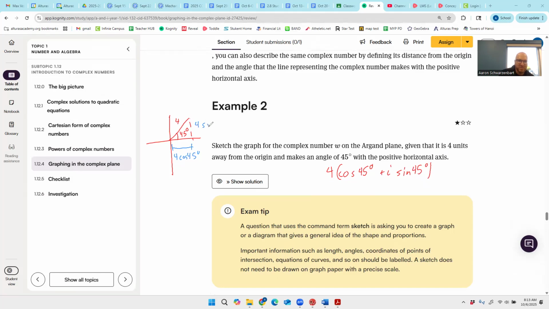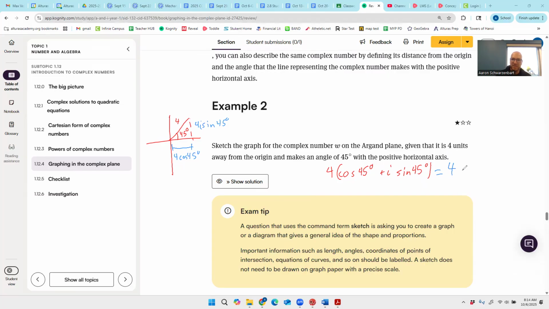The y coordinate is 4 sine 45. And the y coordinate has the i, doesn't it? So when you distribute, it makes more sense than it did last year. It seems pretty simple now. It's actually not that hard; I thought it was hard because it's new and different.